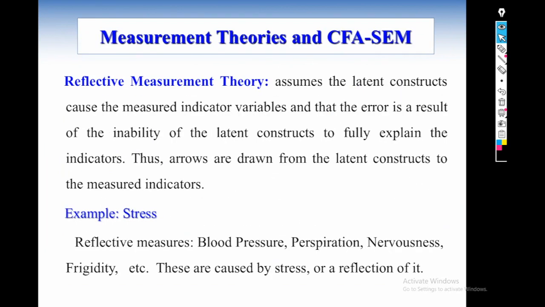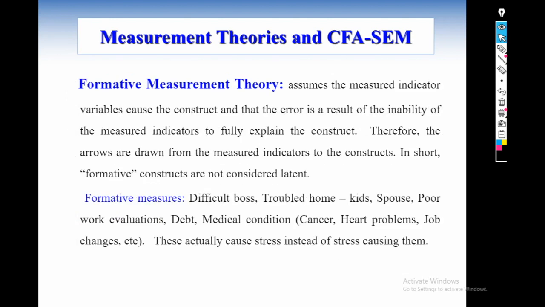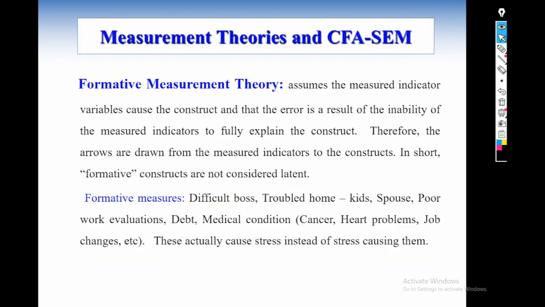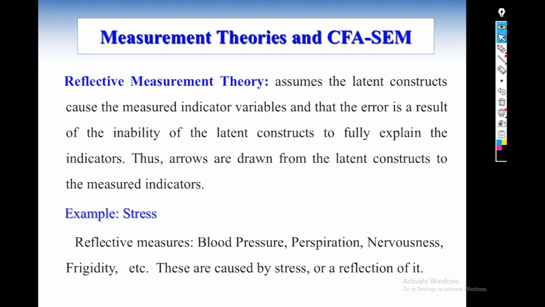Now the next is measurement theory. There are reflective and formative measurement theories. In a reflective measurement theory, we basically assume the latent construct causes the measured indicators. Reflective means there are symptoms caused by the latent construct, with error.